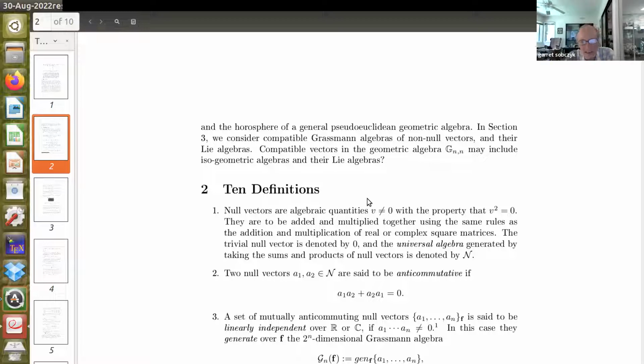Okay, so let's look at number 2 here. It says two null, well, I say null vectors, but let's say two elements of a Grassmann algebra are said to be anti-commutative under the Grassmann product, right? So A1 A2 plus A2 A1 is equal to 0 as a 2-vector in the Grassmann algebra.